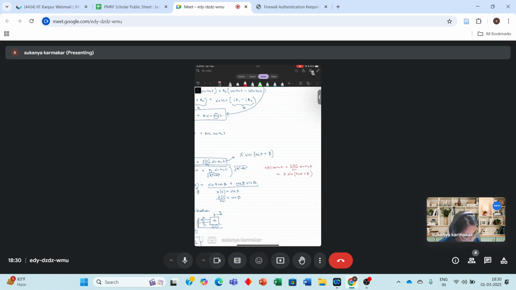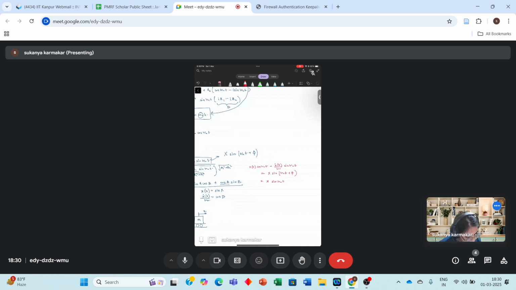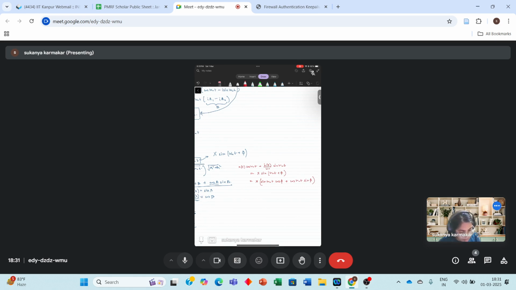This is what I wrote. Then I open this: x times sine of omega n t cos phi plus cos of omega n t sine phi. Now can I compare left hand side and right hand side?